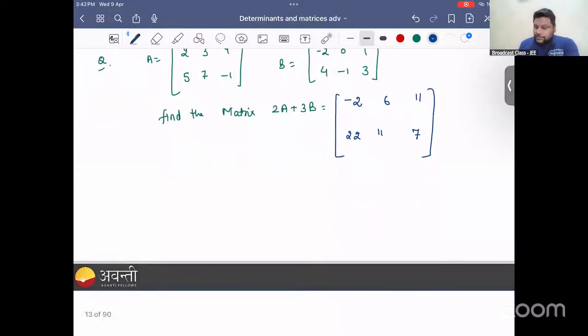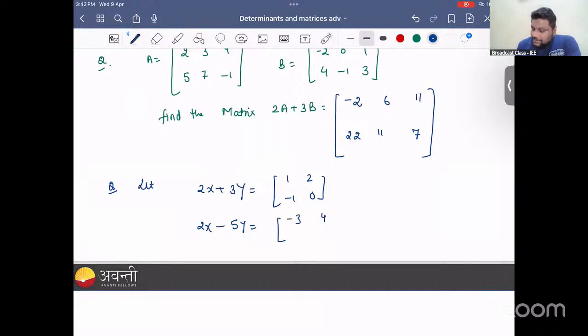All right. So write down the next question. Let 2X plus 3Y be [1, 2; -1, 0], and 2X minus 5Y be [-3, 4; 0, -2].